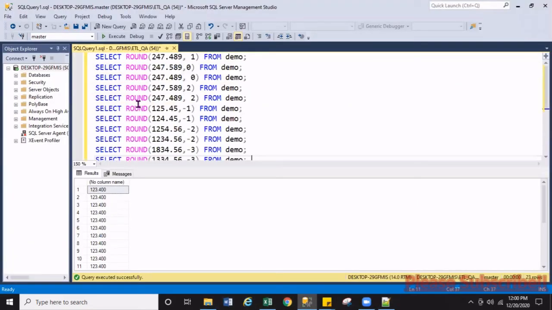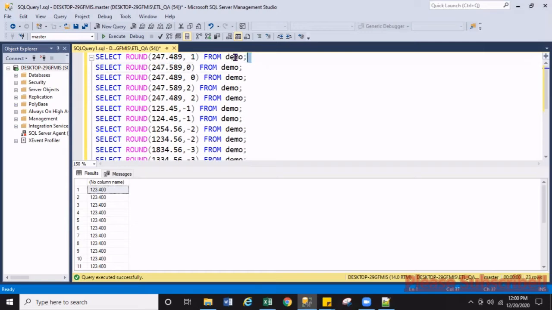Let me copy paste everything here. Can someone tell what the result will be? The result will be 4. This number stays the same, and the rest become 0 0. Why? Because the first position after the decimal, which is 4, is less than 5.